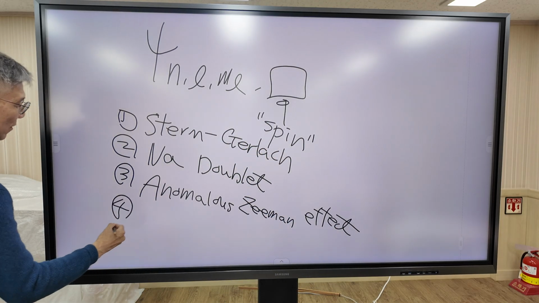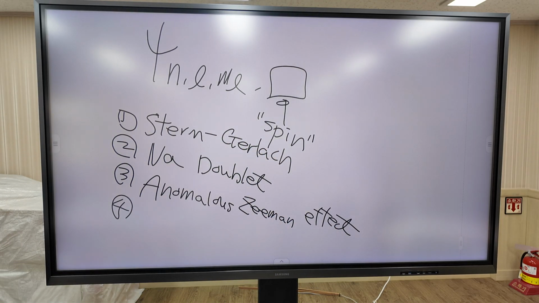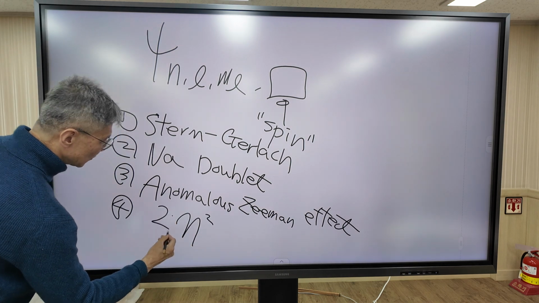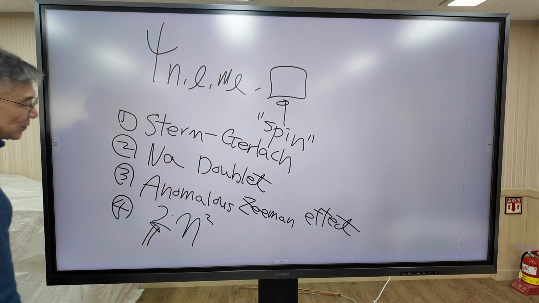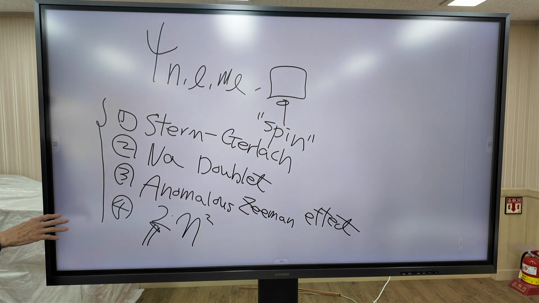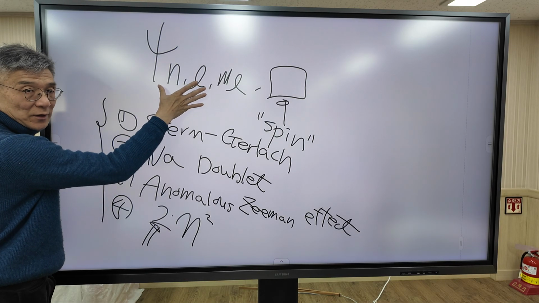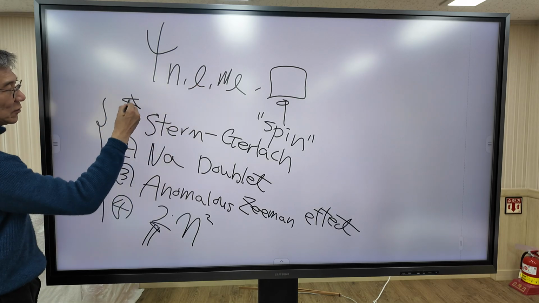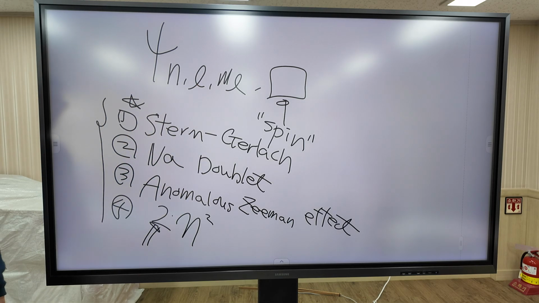Finally, the number of elements in the period is equal to 2n squared. These 4 experimental observations cannot be explained using only 3 quantum numbers. Today I am going to introduce the Stern-Gerlach experiment, and 2, 3, 4 are covered in the next class.